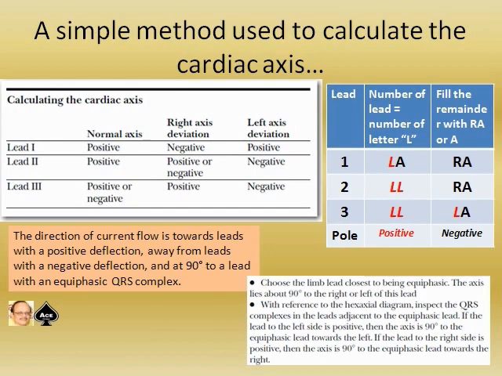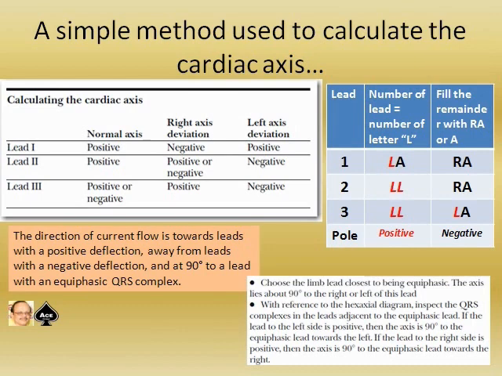Lead 2 has two letters L and the remainder is RA, so it means the left lower limb is the positive pole and the right arm is the negative pole. And lead 3 means 3L, so there are 2L on the left side and 1L on the right side, which means the positive pole is the left lower limb and the negative pole is the left arm.